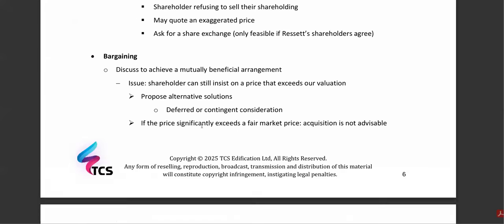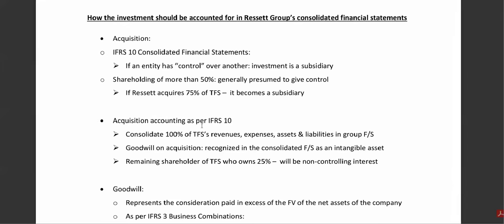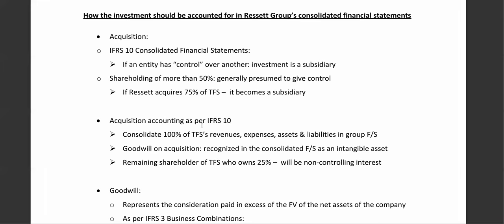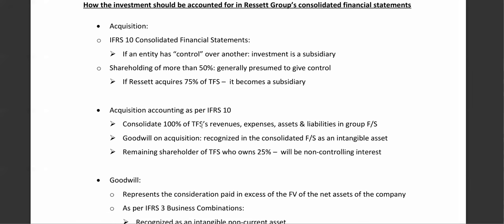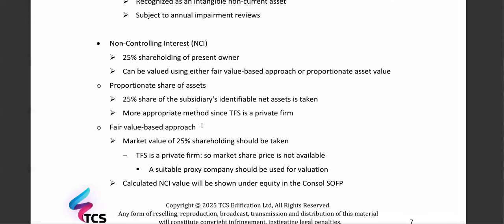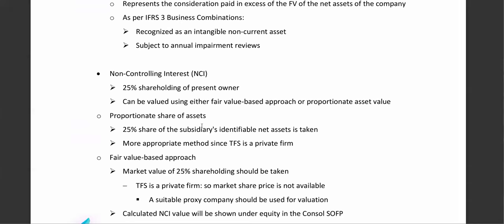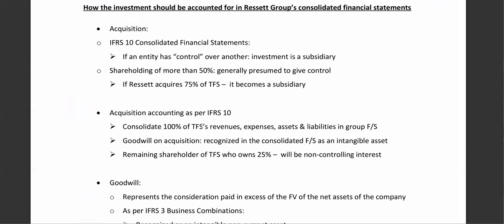So that's the whole purpose of providing you with an answer plan, which could also be referred to as an answer summary. So when you attempt a task the next time, or when you come across a similar question in the examination, if the task relates to a technical area such as group accounts and accounting for a subsidiary, you could follow the same approach, the structure that we've shown, and it will help you organize the answer.